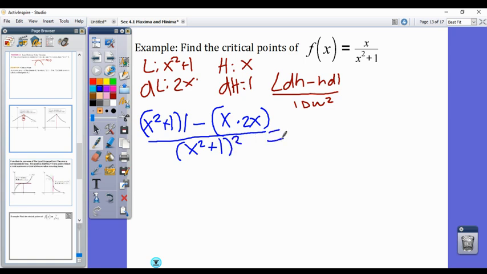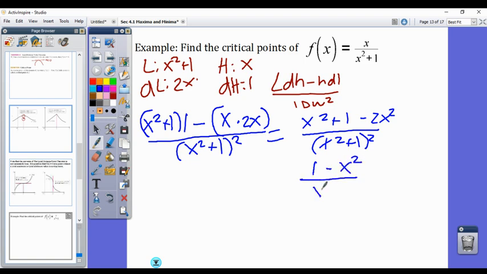Okay, so let's simplify this a little bit. We're going to get x squared plus 1 minus 2x squared, all divided by x squared plus 1 squared. All right, so then we can simplify the top, and we're going to end up with 1 minus x squared, all divided by x squared plus 1 squared. Okay, so that was nothing new, right?